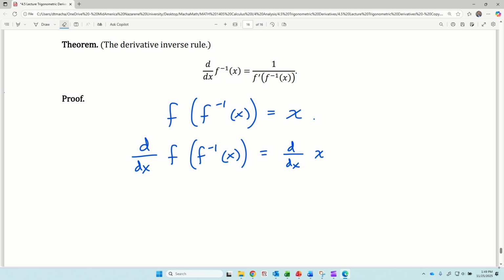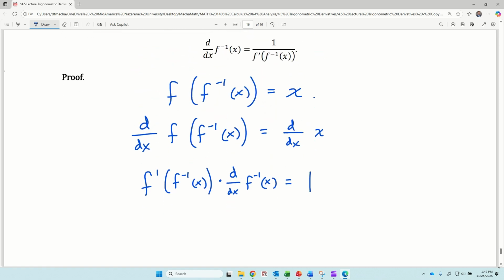And we proceed on the left side according to the derivative chain rule, which means I take the derivative of the outside function while leaving the inside function alone, and then I multiply by the derivative of the inside function, which I don't really know yet. I don't know what the derivative of the inverse function is yet. But on the right side, I do know that the derivative of x with respect to x is 1.